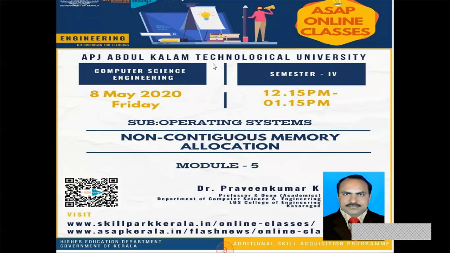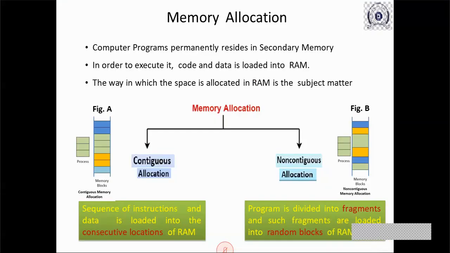On the right side you can see the process is divided into 3 blocks, and the first 2 blocks are allocated consecutive locations, and the third one is allocated a random location at a different place in memory. So this is the difference between contiguous and non-contiguous allocation.